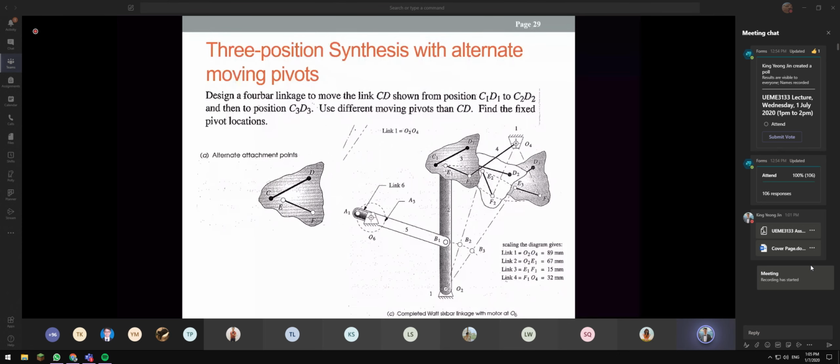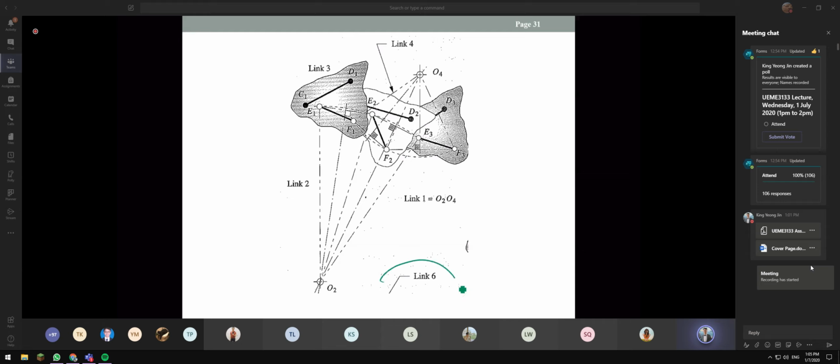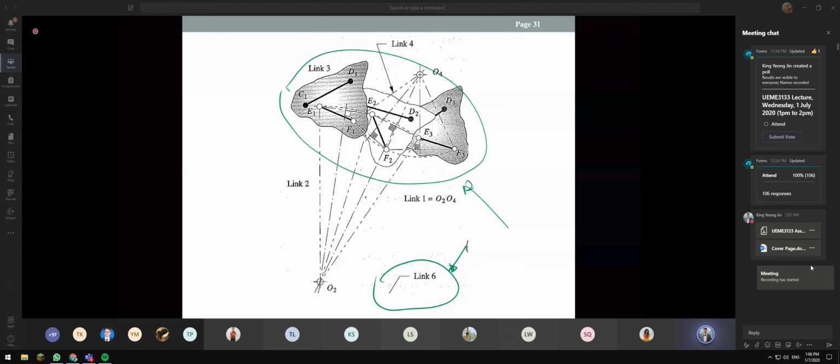Then another question, from someone with very sharp eyes. They see this link 6 and asked me where link 6 is. For this problem, we are trying to find the motion of C1 D1, where is my C2 D2?